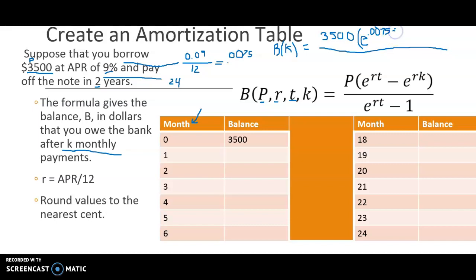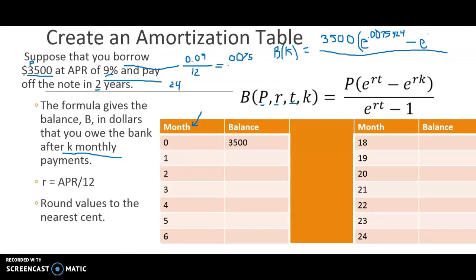So I'm going to make a little asterisk here, 24. And then we're minusing E with an exponent of R, excuse me there, 0.0075, and this has our K, which we're not filling in a number for.